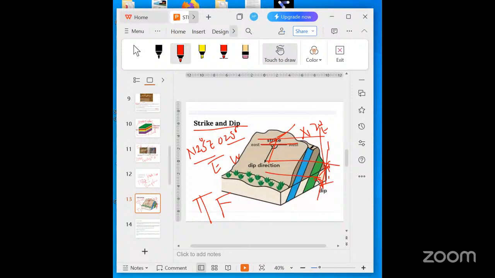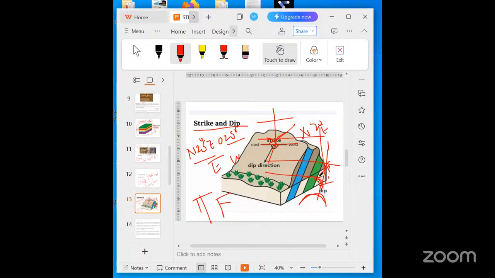Strike is the geographical direction of a line produced by the intersection, right? Intersection between which? The horizontal plane and the inclined layer. That is called strike. And dip is defined as inclination, which means angle, right?